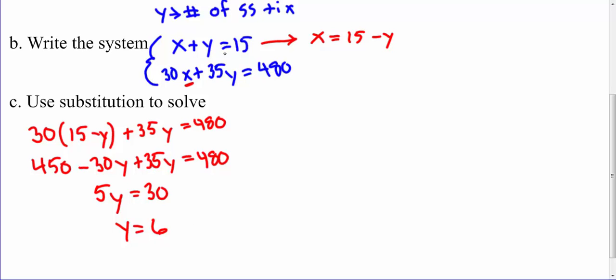If I go back to my original, x plus y is equal to 15. Oops, jumped ahead in my brain there and wrote the wrong number. Then I would know x is 9. So what does this mean?